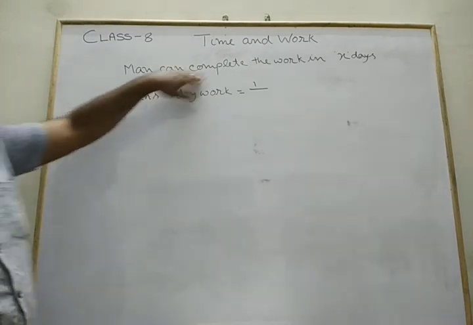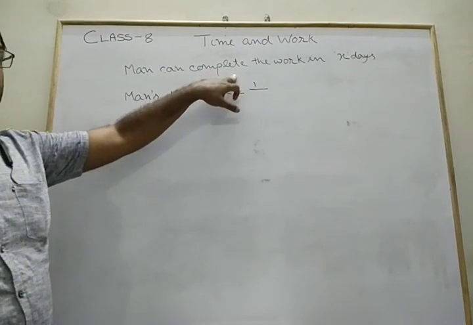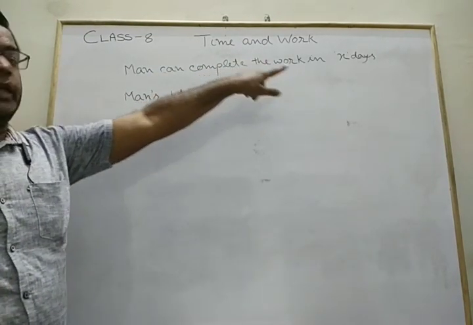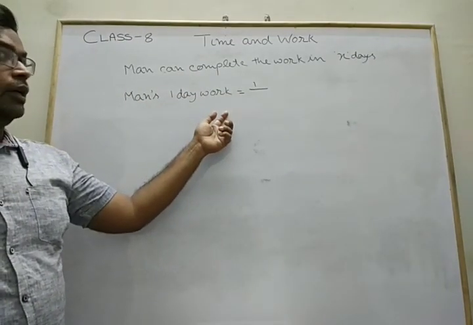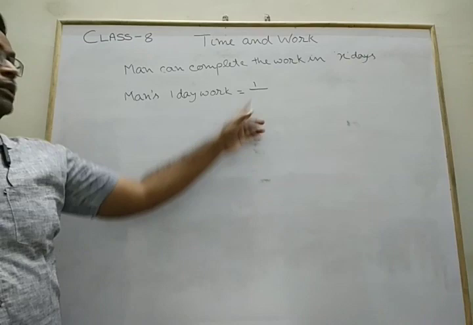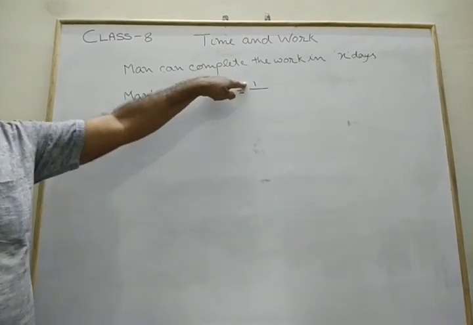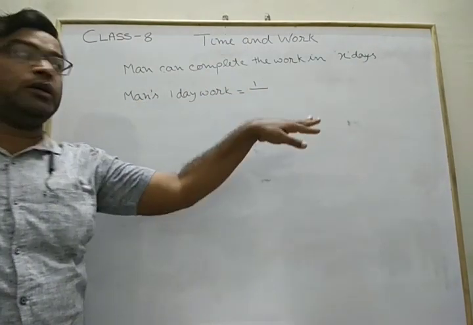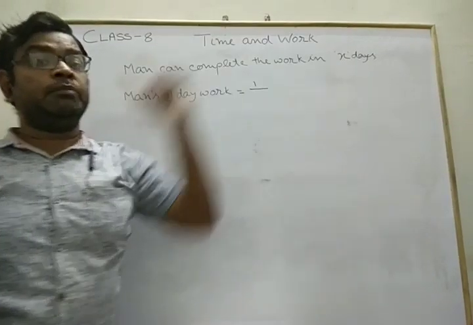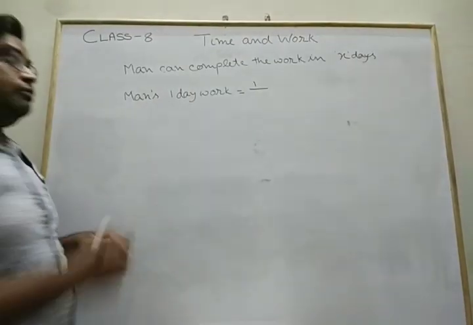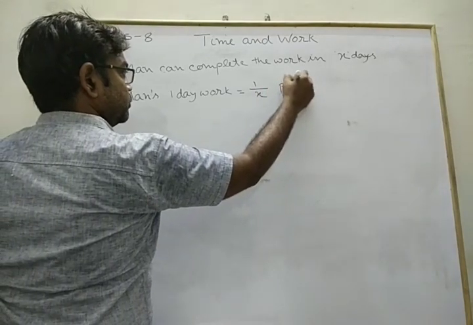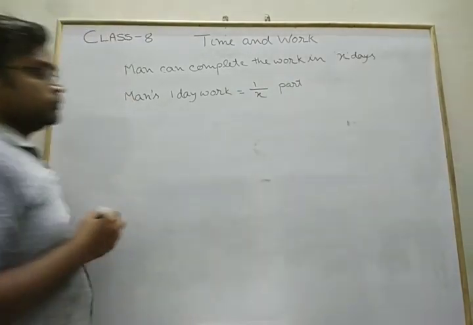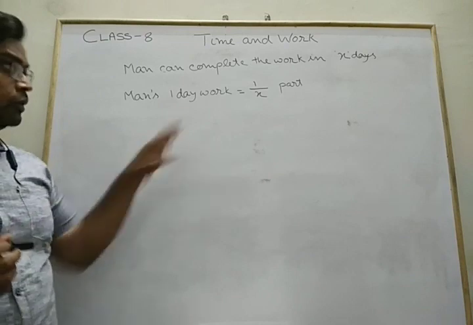This man can do the one work in x days, so one day's work equals 1 upon x. This 1 represents the complete work, and x represents the number of days. So 1 upon x is the part of the work. I hope this concept is clear.